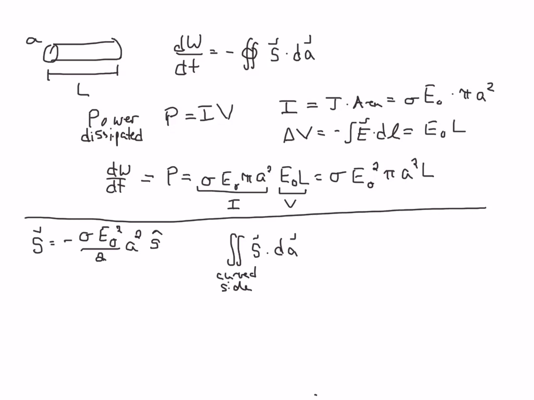They point in the same direction. The fact that the Poynting vector is pointing inward is already captured by this minus sign. So then it's really just S times the area of the curved side.